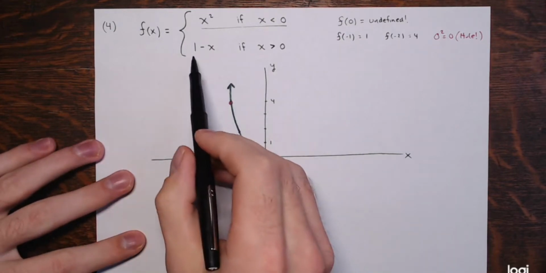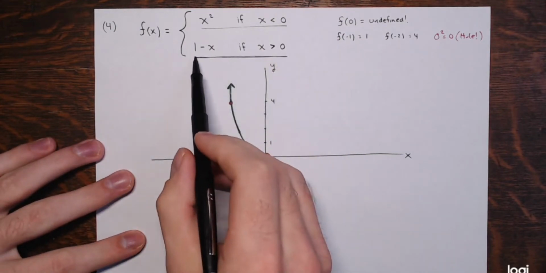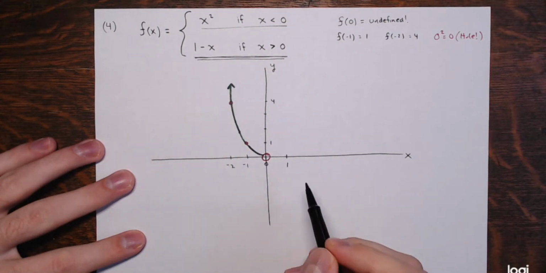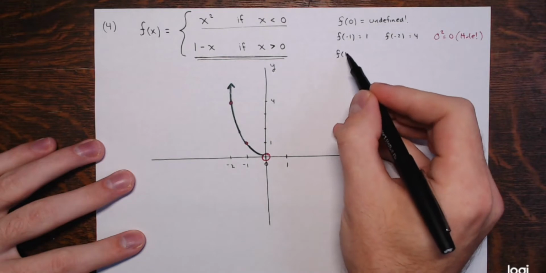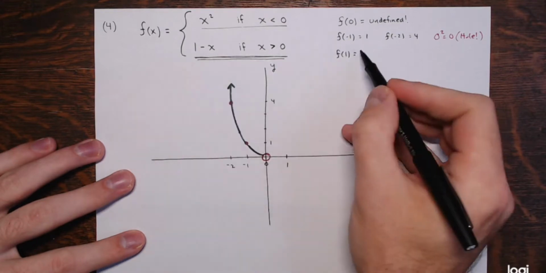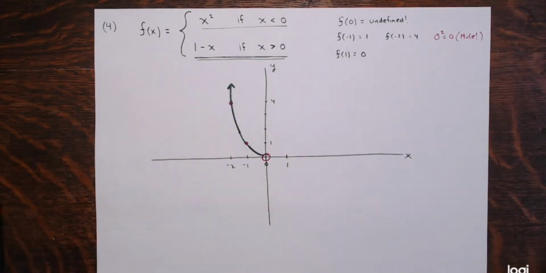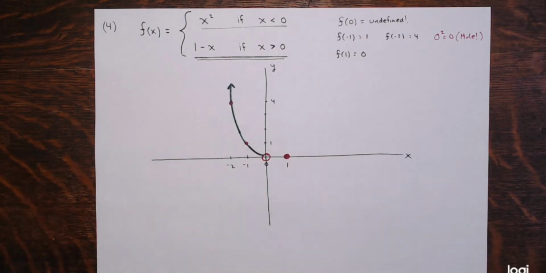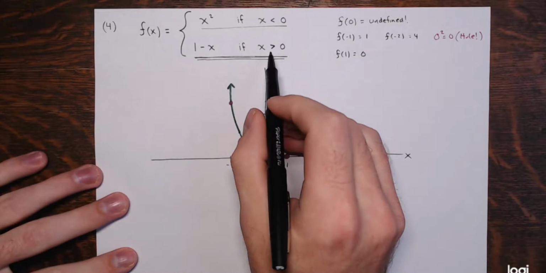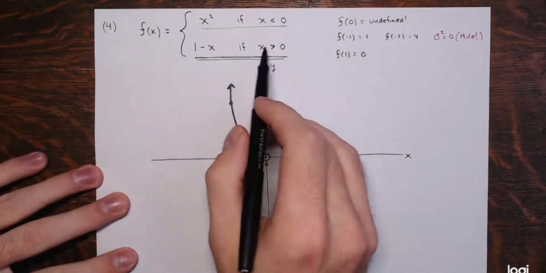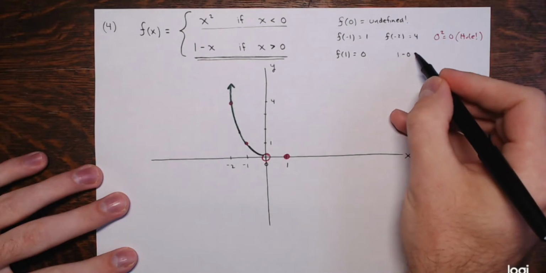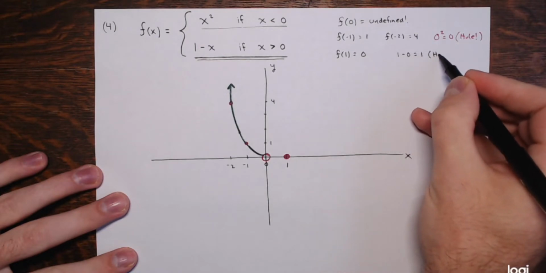All right, then next piece, plugging in values of x greater than 0. So like 1. Now f of 1 would be 1 minus 1, which is 0. So there's 1, 0 filled in. That's actually a point on the graph. And then if you were to put 0 in, I know you can't, but if you were, you'd have 1 minus 0, which is 1, and there should be a hole.